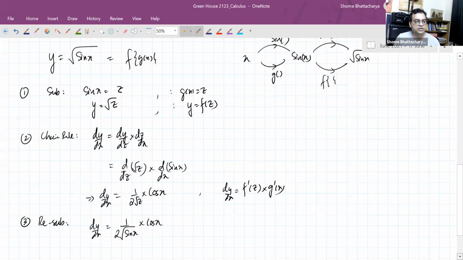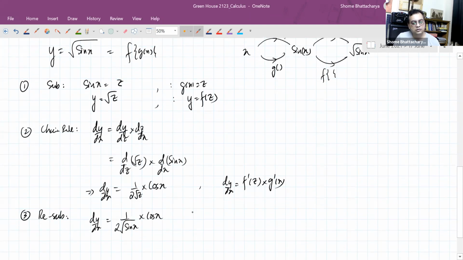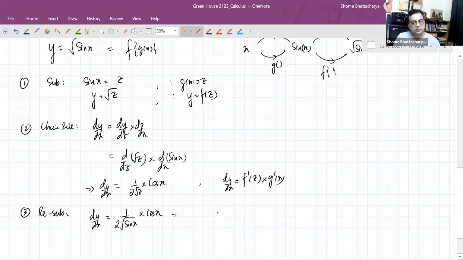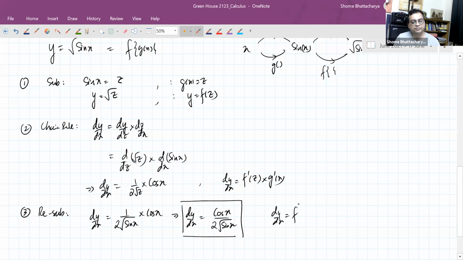So our answer becomes, as you can see, cos x upon 2 root sin x, which is basically dy by dx is f prime of g x into g prime x. If we write it as a formula, you can see this is the step. So this is the answer to our first part. This is our dy by dx.